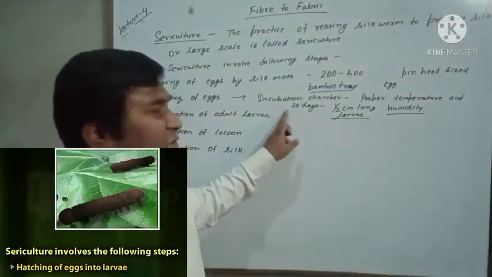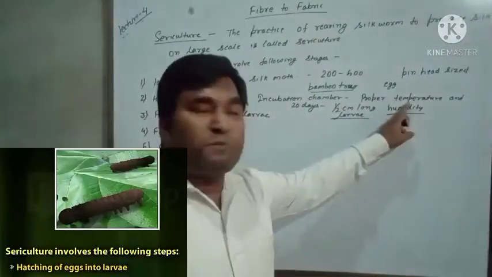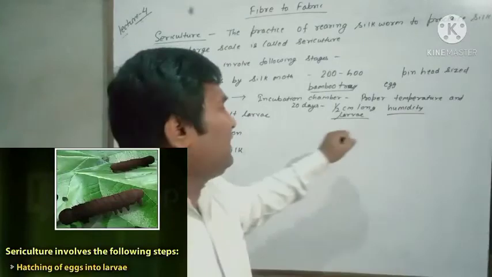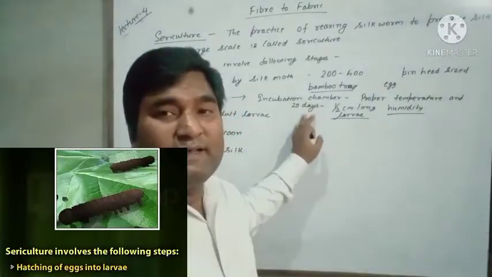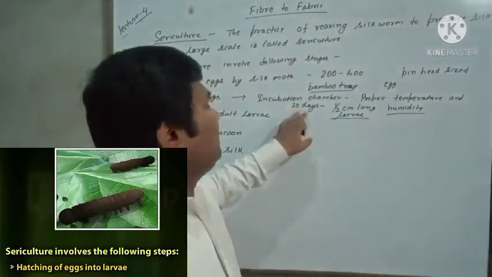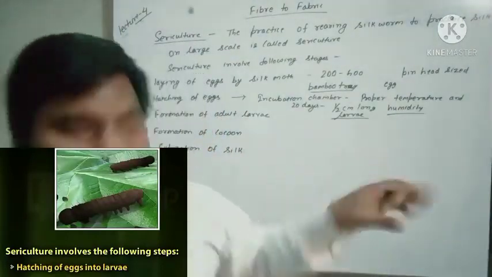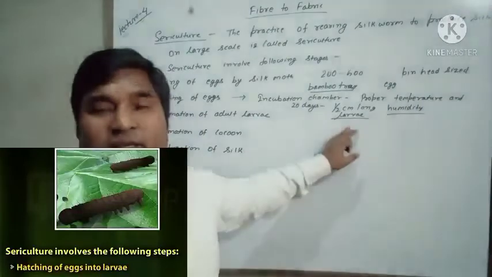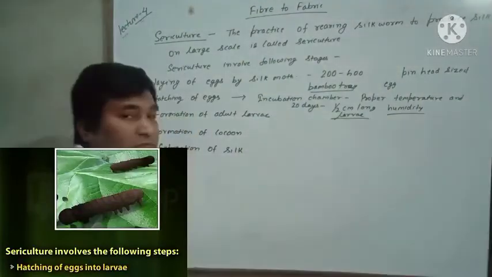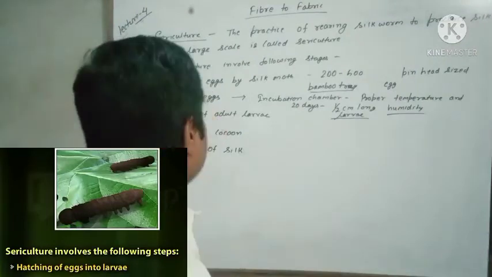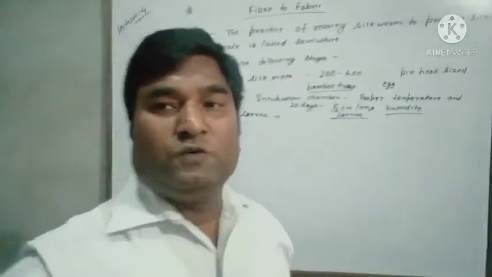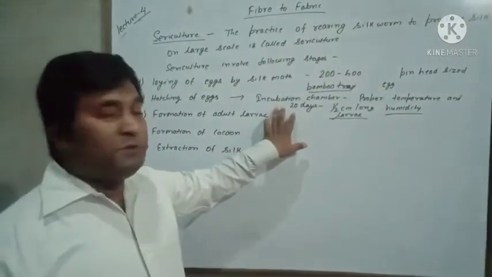So in the incubation chamber, proper temperature and humidity is maintained, where after 20 days the egg hatches and gives a half centimeter long larva.